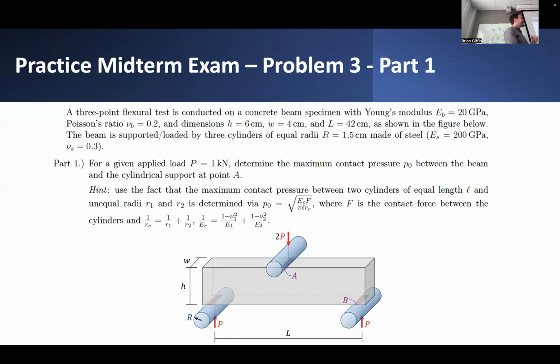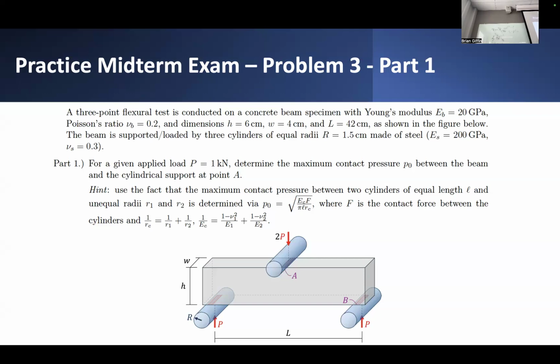It's kind of a hack. It's a bit of a trick, but really that's the trick that you would apply in using this formula. I give you a hint that the contact pressure between two cylinders that otherwise have relatively equal length is given through this rather direct formula. So really all that this problem is asking you to do is to apply your understanding of that observation.